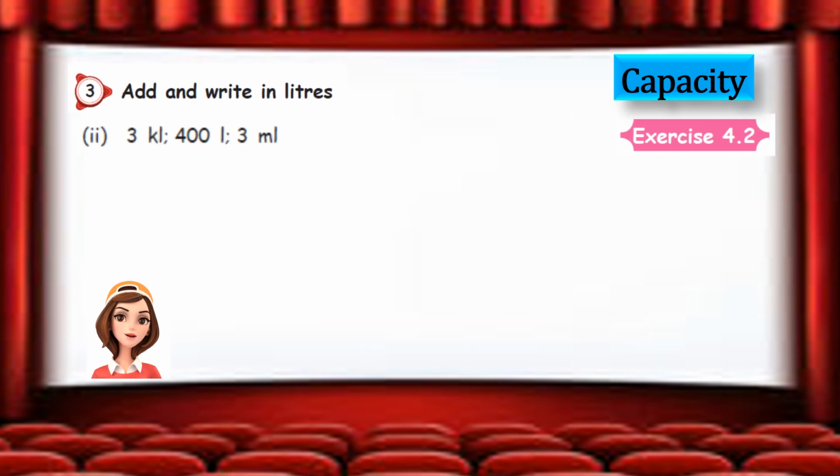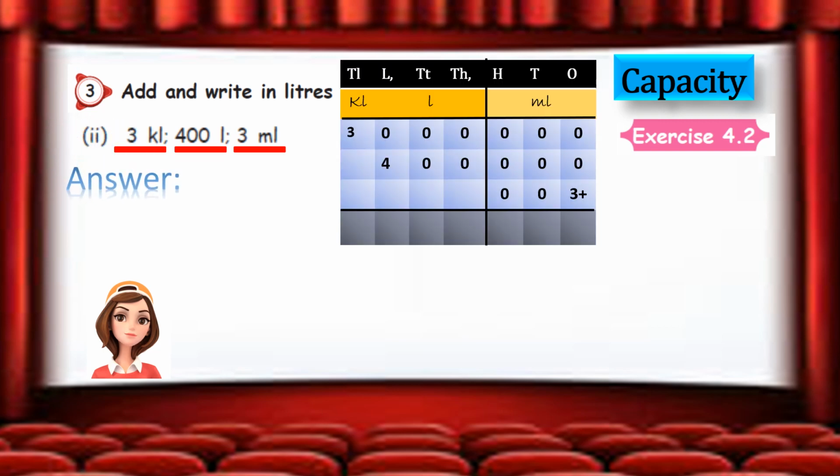Second sum. Observe the question carefully: 3 kiloliter, 400 liter, then 3 milliliter. In this question we are going to add three types of capacity unit. I'll give the tabular column so that it's easy to understand. First one is place value, and then I have split it into kiloliter, liter, milliliter.